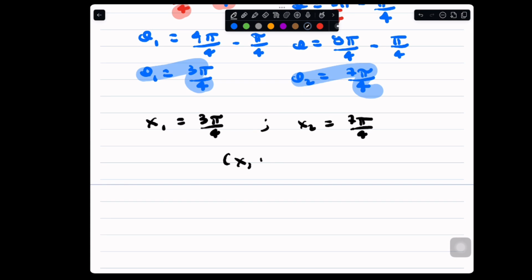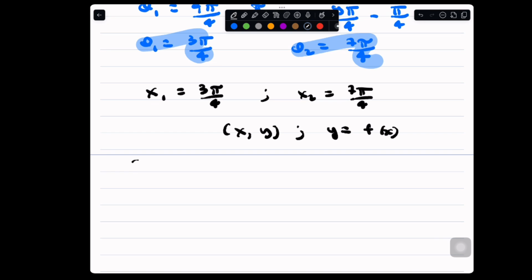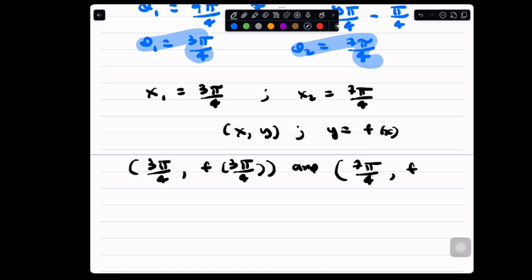You got x and y, but you know y is f of x. Is that right? So you can say, my first location is 3 pi over 4, comma, f of what? 3 pi over 4. And the second solution is 7 pi over 4, then f of 7 pi over 4.